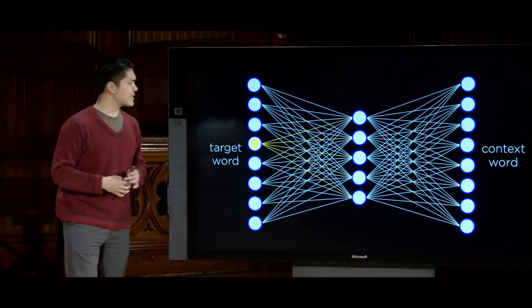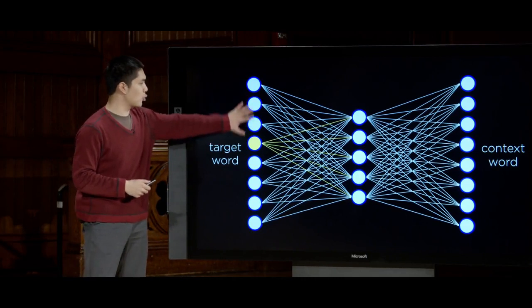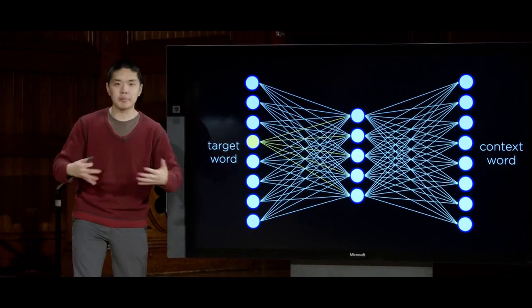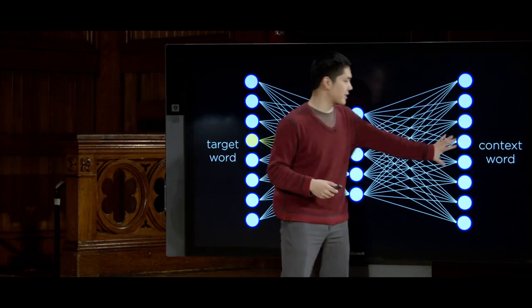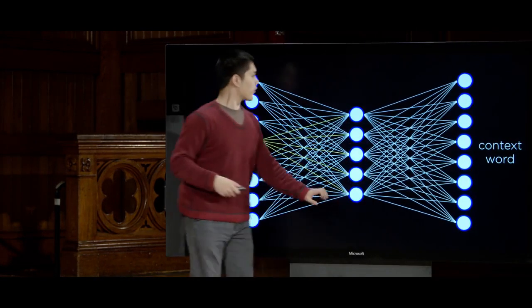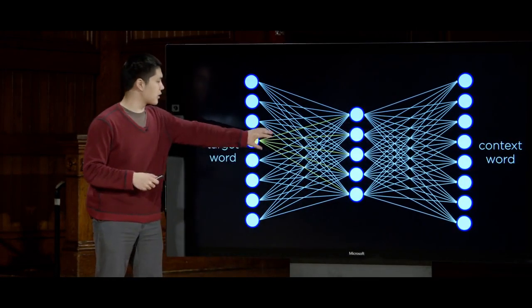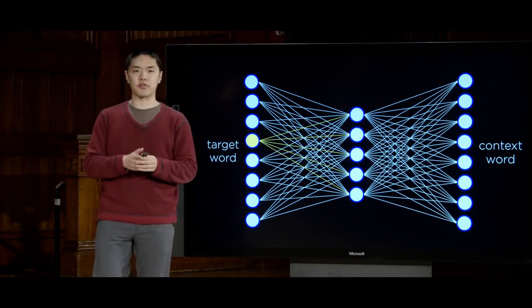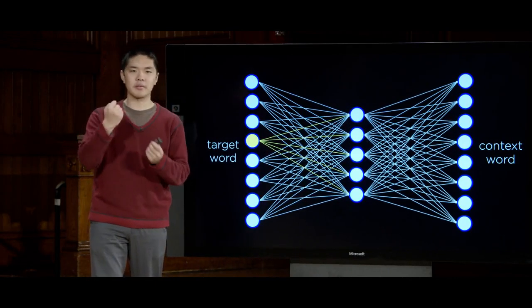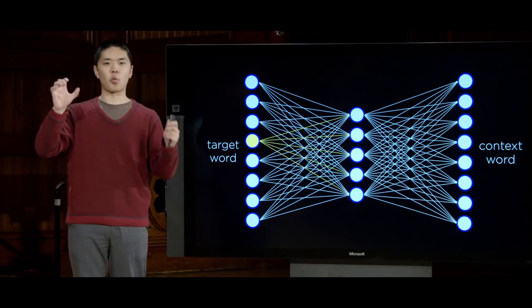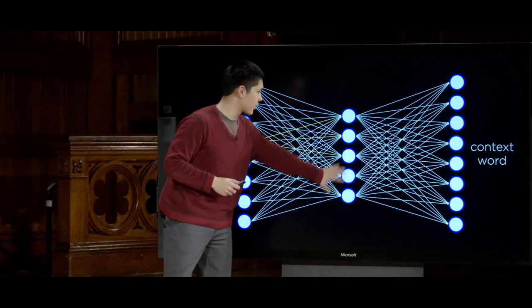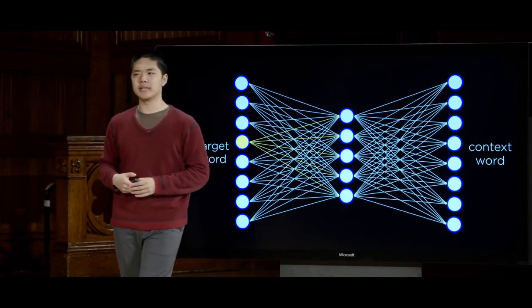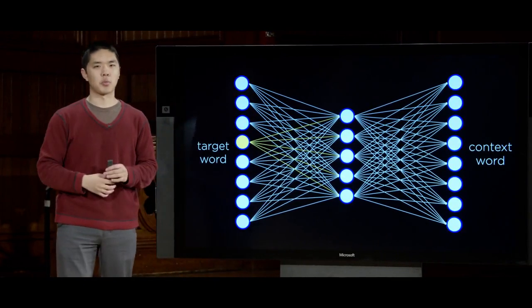And the general idea here is that if 2 words are similar, if 2 words show up in similar contexts, meaning using those same target words I'd like to predict similar context words, then the values I choose in these vectors, these numerical values for the weights of these edges, are probably going to be similar. Because for 2 different words that show up in similar contexts, I would like the values that are calculated to ultimately be very similar to one another.